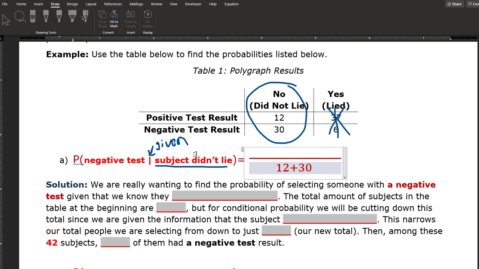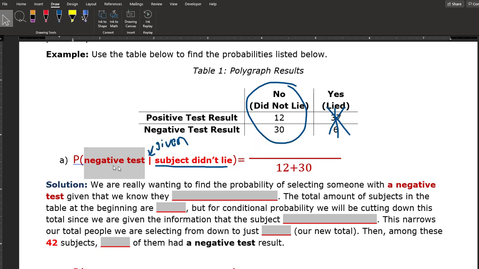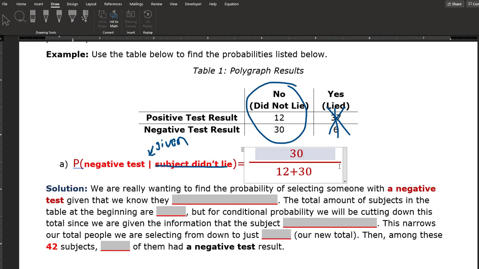And then, how do you find the actual answer? How do you find the top number, the numerator? Well, how many people of those left over will have a negative test? The only ones that have a negative test are the 30 out of, and then the 42 is our new total. That's going to be our conditional probability right there.